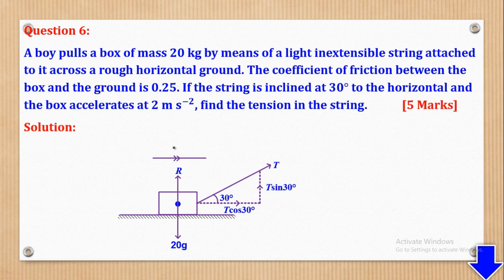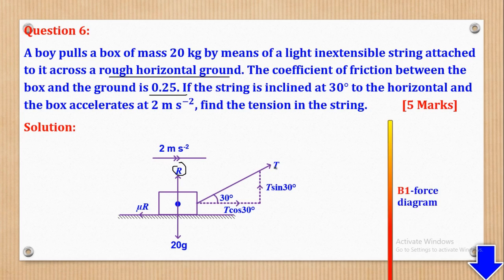The direction of motion is to the right, and they also told us that the ground is rough, therefore there will be friction acting to the left, which is mu R, where mu is 0.25 and R is this normal reaction. So before we go to the next slide, we shall give B1 for this correct diagram, first diagram drawn using a ruler. And now let's go to the next slide.